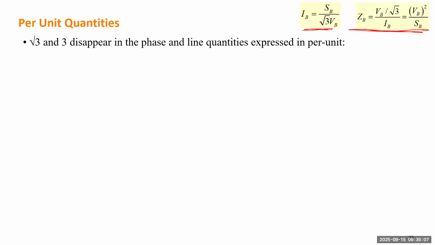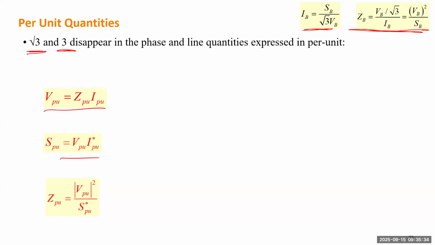One good thing about using per unit values is that it doesn't matter whether you're studying a three-phase system or a one-phase system. In the equations with per unit values, you won't see such a 3 or root of 3 factor. That can be very annoying if you use the physical values, but now they're completely gone. Basically, if you do the calculation using per unit, we go back to the original formulas in a single phase system.